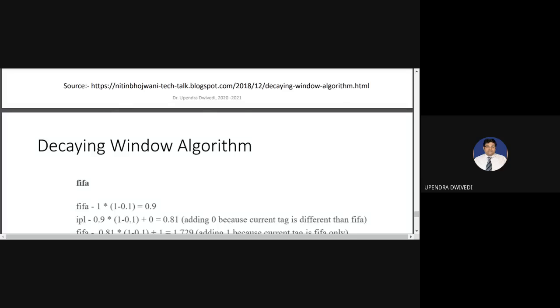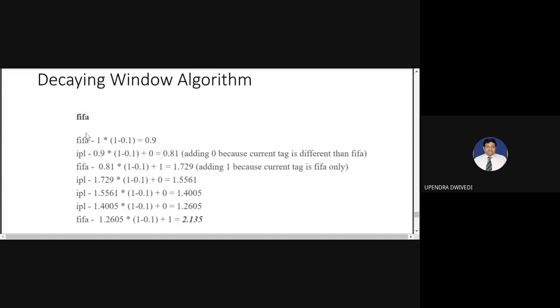Okay, so now we'll calculate the score for FIFA. When we take the first FIFA, it is the same element, so we start with 1. Then we multiply each existing element by 1 minus c, so 1 minus 0.1, which evaluates to 0.9. Now it is an existing element.